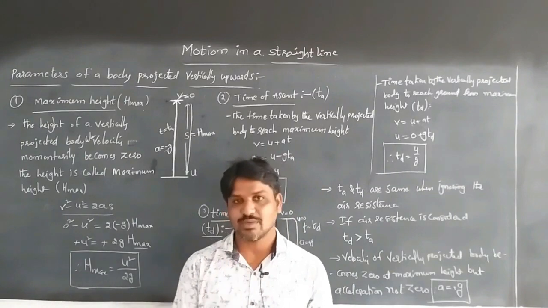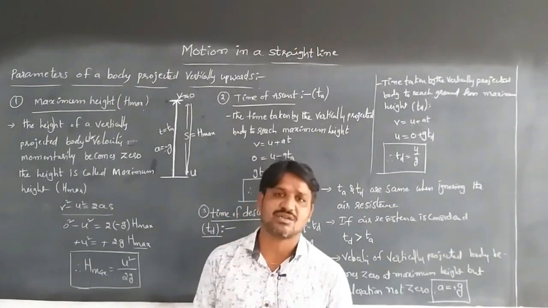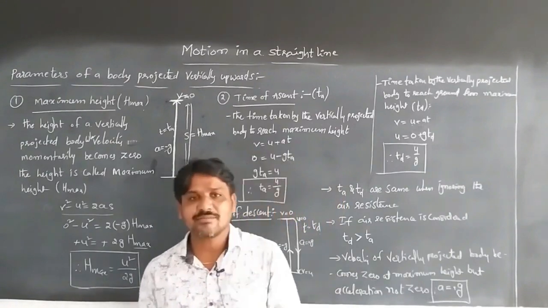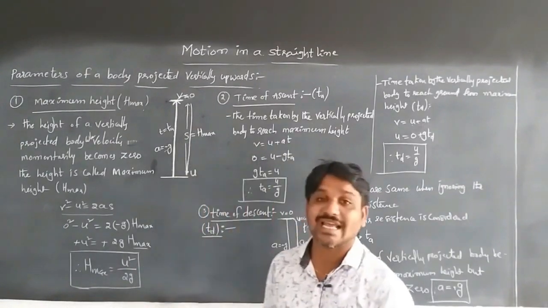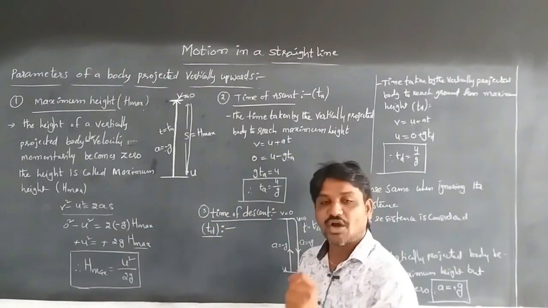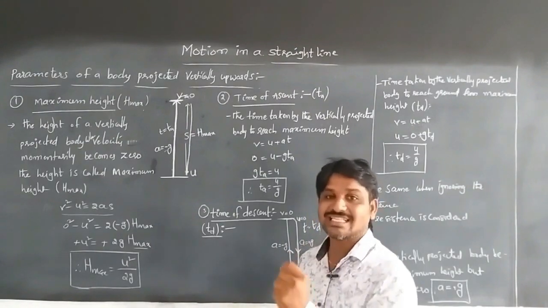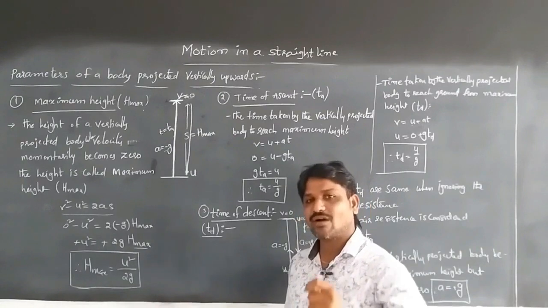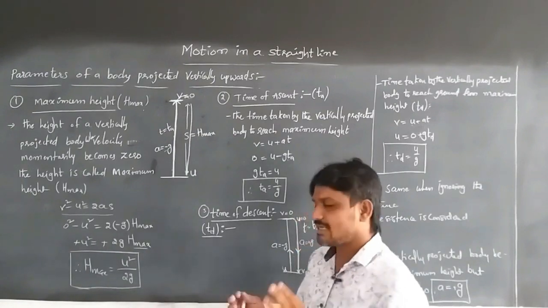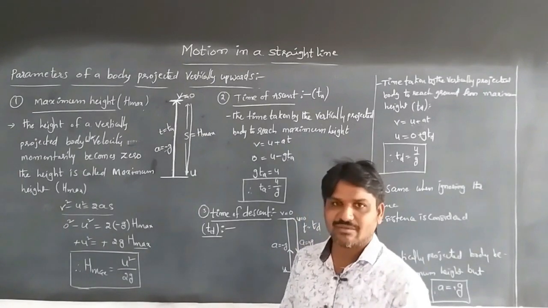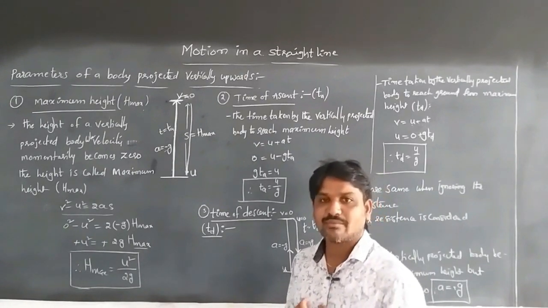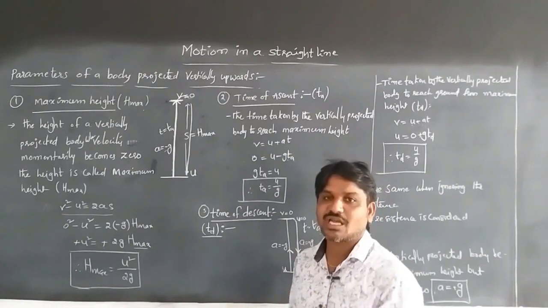Time of flight is another parameter of a vertically projected body. It means the time taken by the body to be in air, from the instant of projection to the instant it reaches the ground.